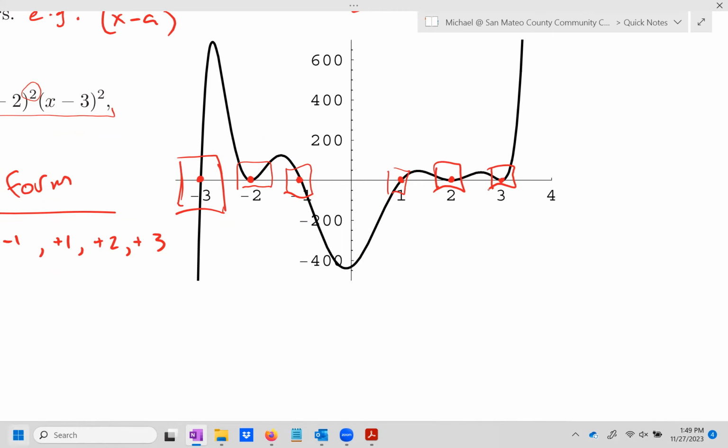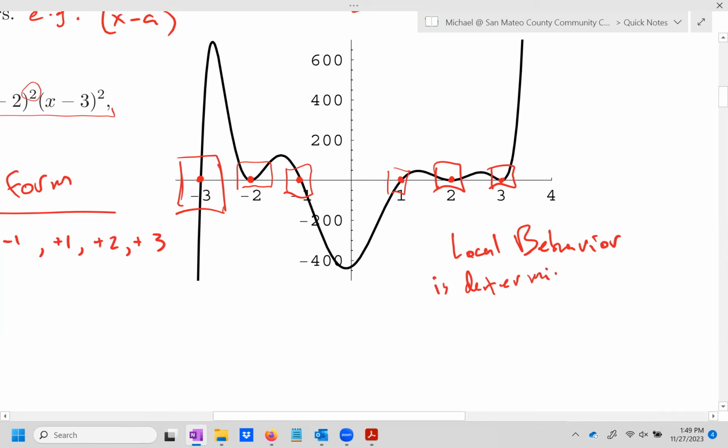Right? So what we can say is that the local behavior, we can call this local behavior, is determined by the zeros of a polynomial.